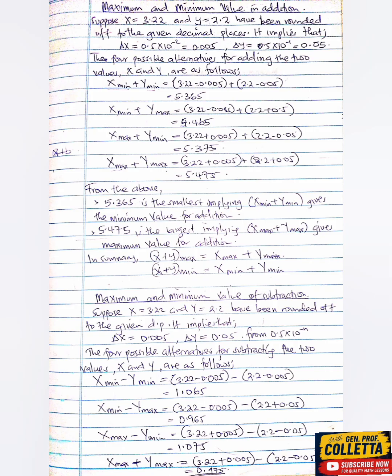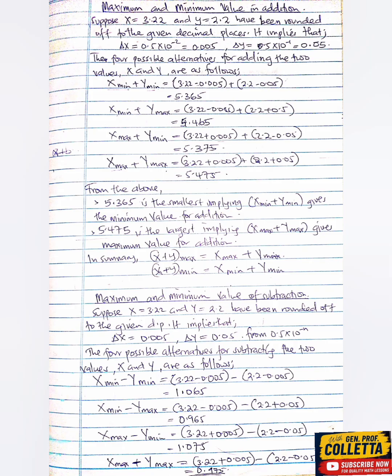They have said suppose x is 3.22 and y is 2.2, rounded off to the given number of decimal places. What will be the error in x? Since 3.22 has 2 decimal places, the error will be 0.005. And the error in y, since it's 1 decimal place, is 0.05. So the 4 possible alternatives for adding the 2 values will be as such.